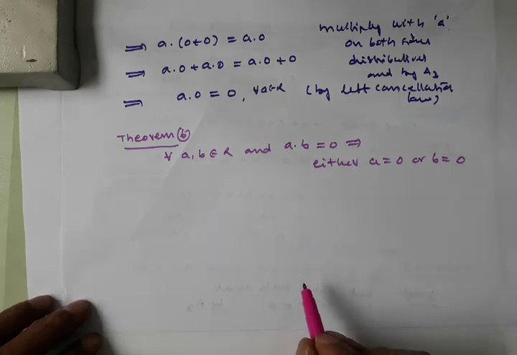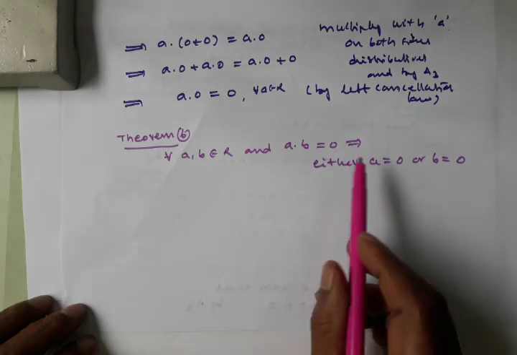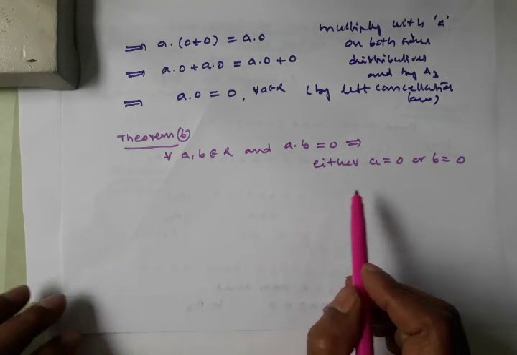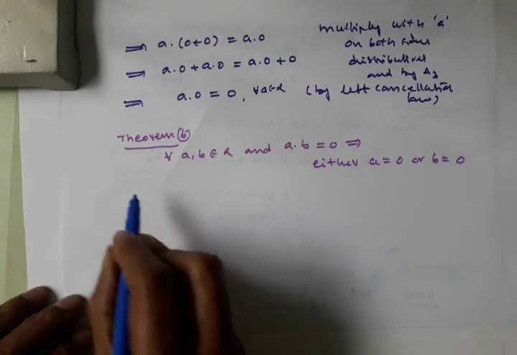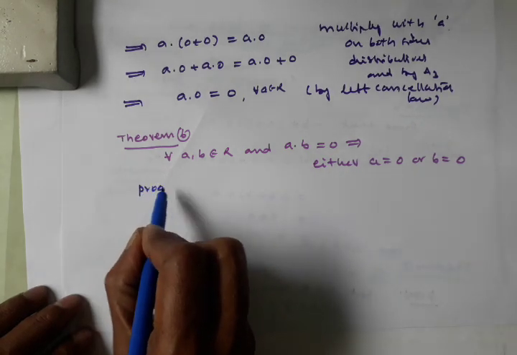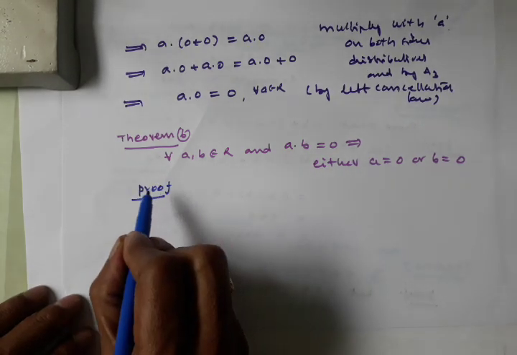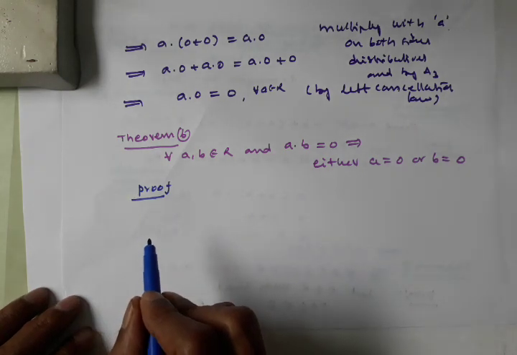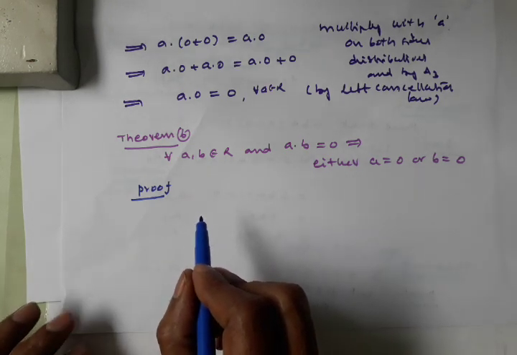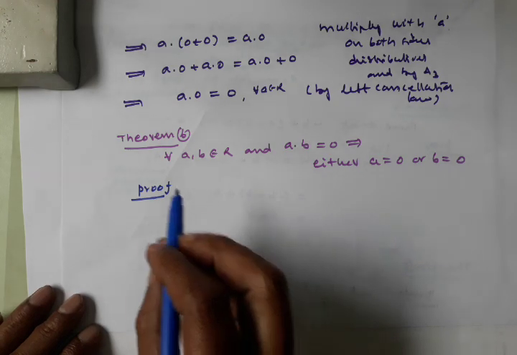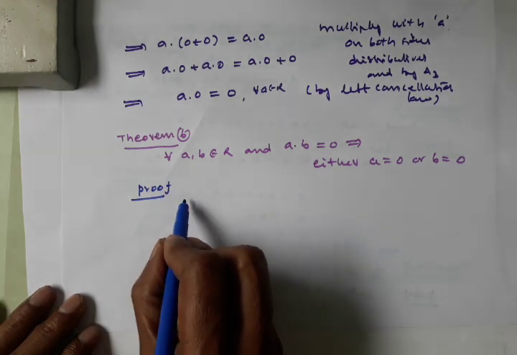So in this theorem the statement is, suppose a into b is equal to 0, then either a may be 0 or b is to be 0. So how can we prove that? Either a is equal to 0 or maybe b is equal to 0, if given is a into b is equal to 0. So let us see the proof.